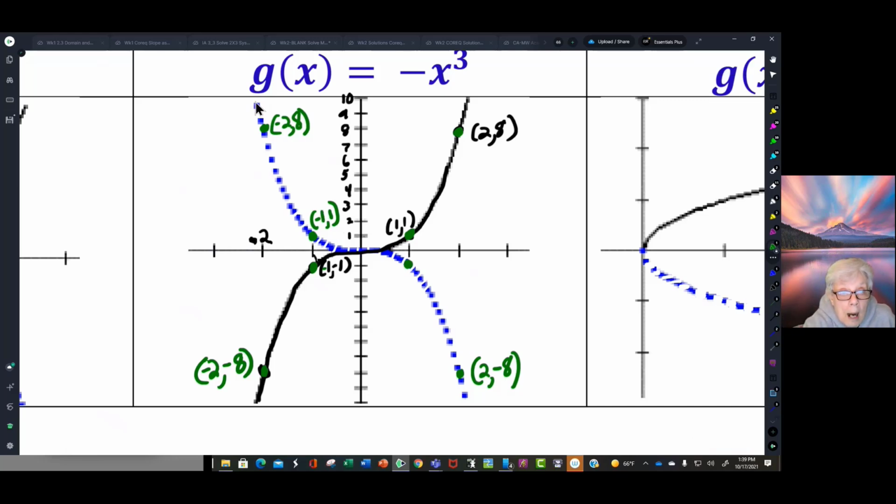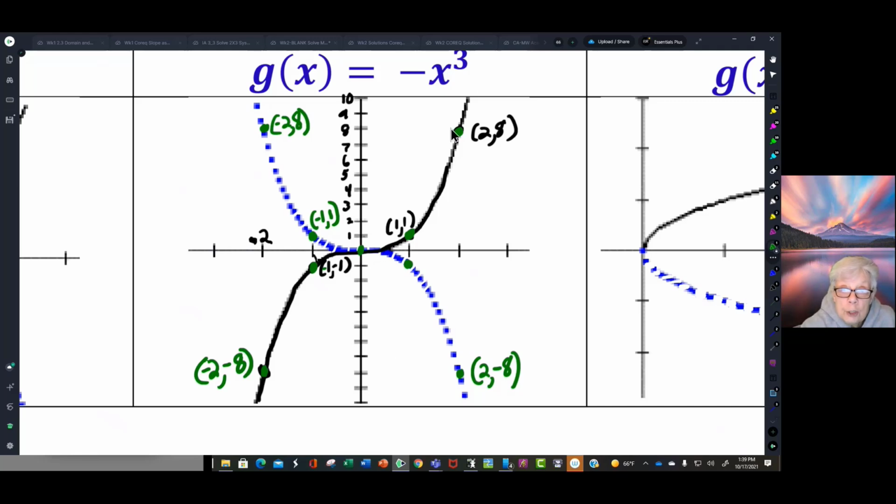So now our blue graph also goes through 0, 0, of course, because regardless of what you multiply 0 by, you're going to get 0. So 0 times 1 is 0. So both of these graphs cross at 0, 0, because they both contain 0, 0.